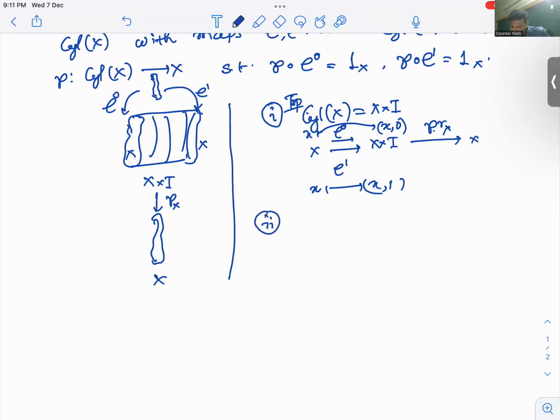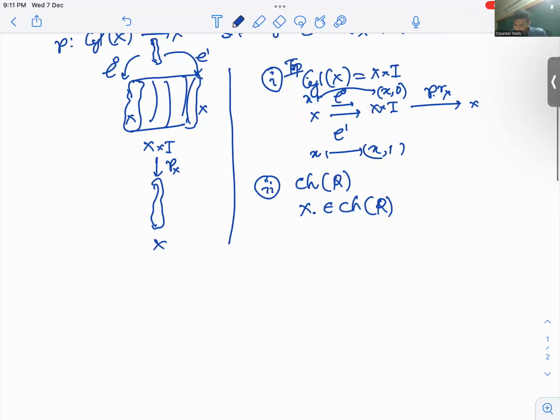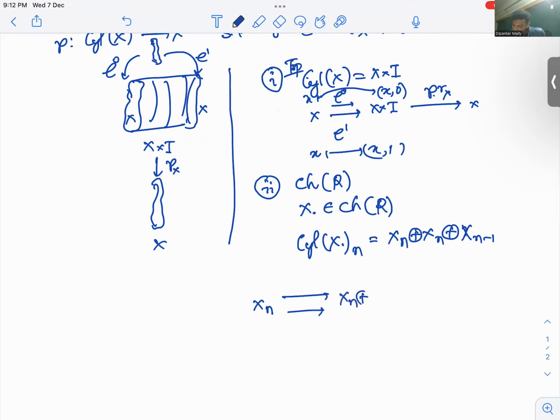Whereas in the second case, the category of chain complexes, if X is a chain complex, then the cylinder had the following components. At degree n, it was given by X_n plus X_{n-1} plus X_n, and the endpoint maps were given by sending it to the first copy and the second copy.